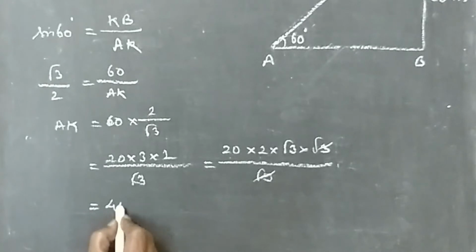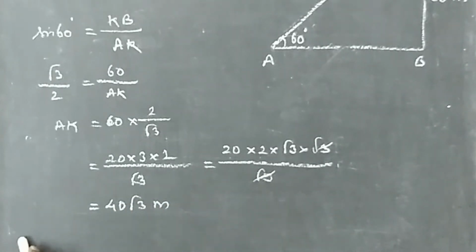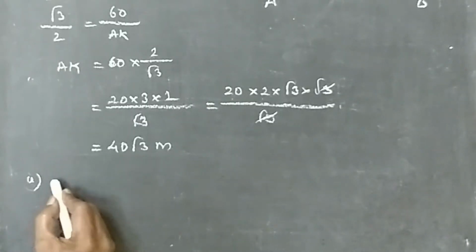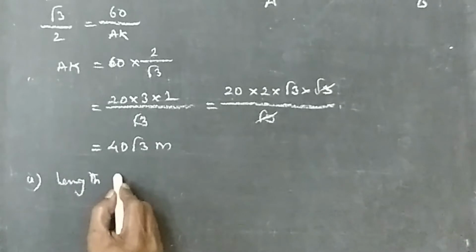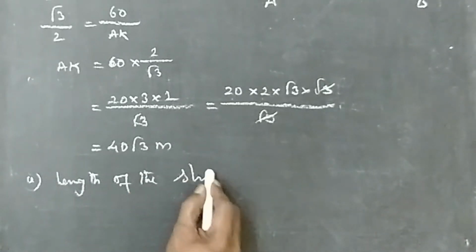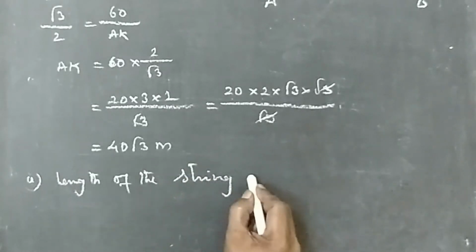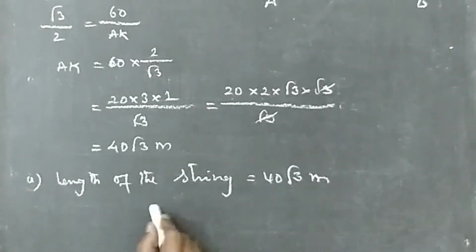This equals 40 root 3 meter. That is, the length of the string is equal to 40 root 3 meter.